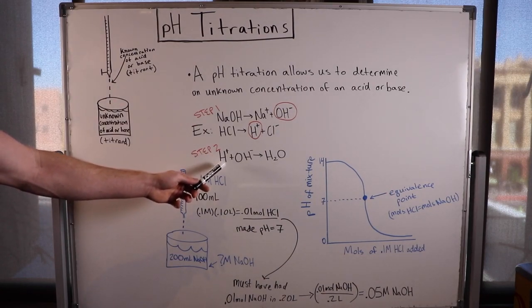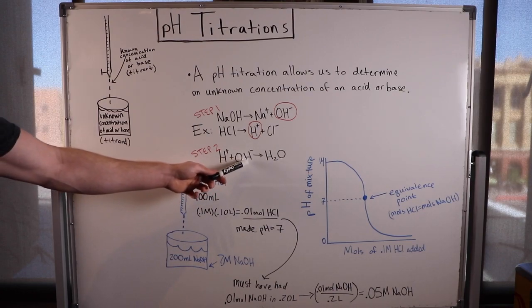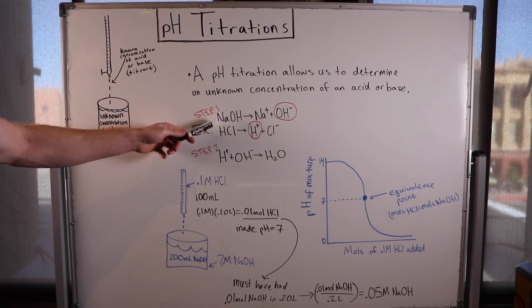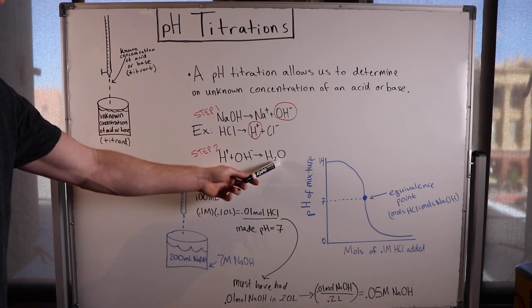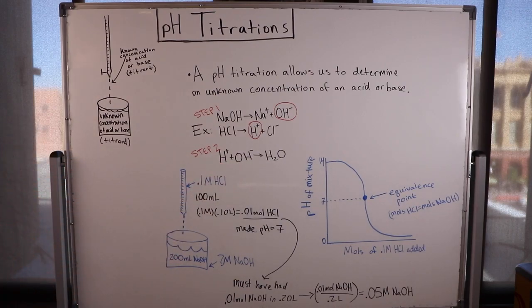So we would expect that if there were equal molar amounts of H+ and OH-, in other words, if there were equal molar amounts of NaOH and HCl, we would have a solution of pure water and then just this Na+ and Cl- floating around that don't affect the pH. So the pH would be 7 if we have equal amounts of these two.